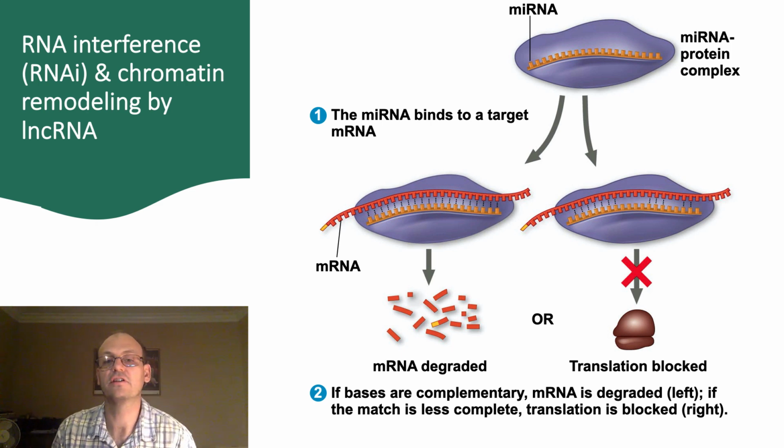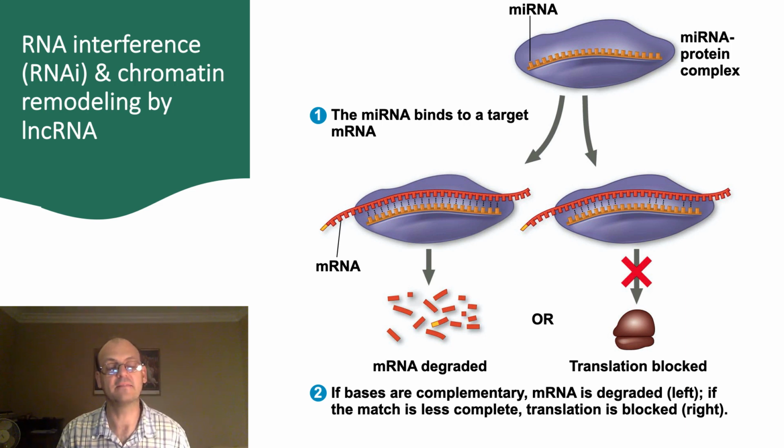In recent years, biologists have increasingly found that non-coding RNAs play an important role in gene expression. The first way they do this is through RNA interference. In RNA interference, small pieces of RNA bind to a protein, often a protein called RISC.